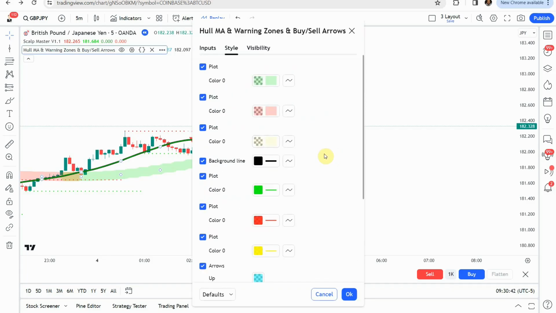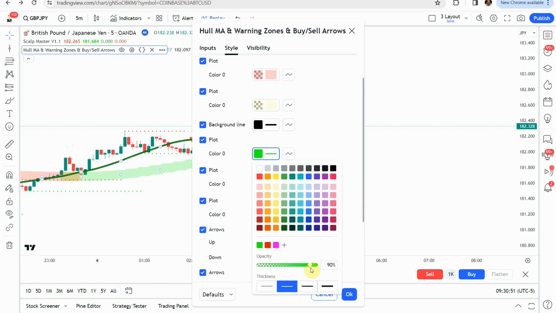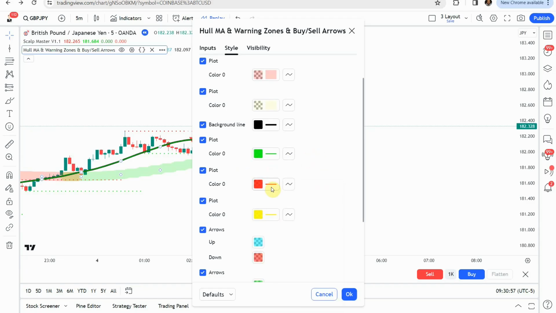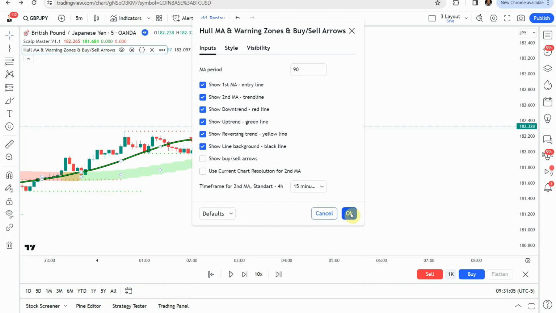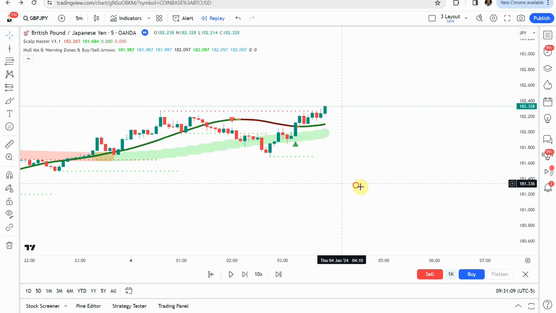Under the style, I believe it was these 2 plots right here. You just make sure these are at 90, and this one's at 80. You can change that to 90 as well if you want. Everything else, I believe, stayed on the default. Nothing else really changed. And so you should have the setup like you see here on my screen.